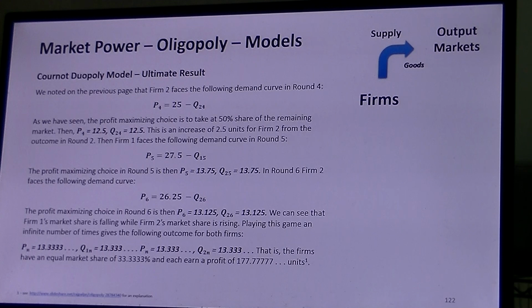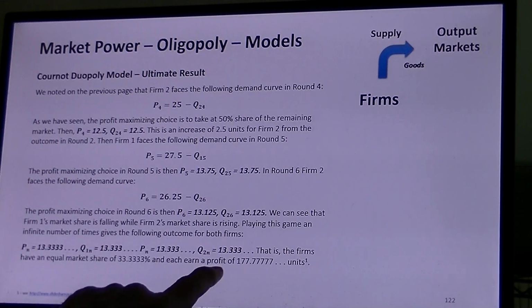So it's based on the amount and the kind of information that the firms have. Firm 1's market share is falling while firm 2's market share is rising. So we keep on playing this game an infinite number of times to produce the following outcome.